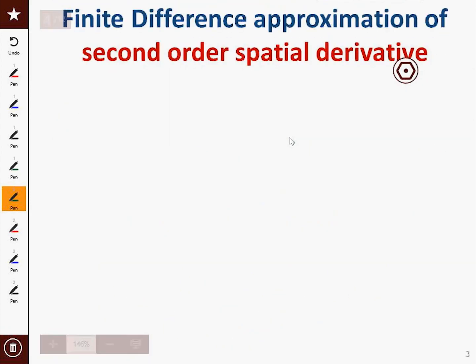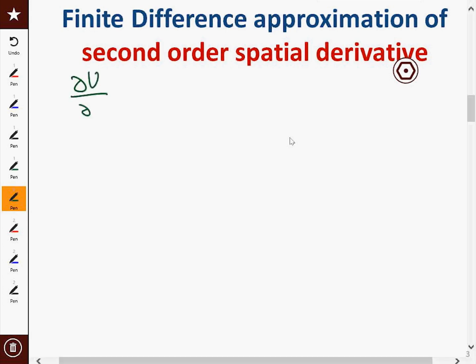We also discussed in the last lecture the behavior of a diffusion equation, when we have diffusion instead of advection. We have a differential equation like this: partial u partial t equals k times partial squared u partial x squared.